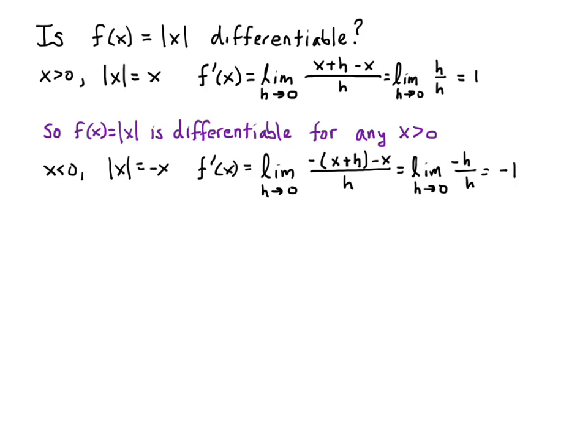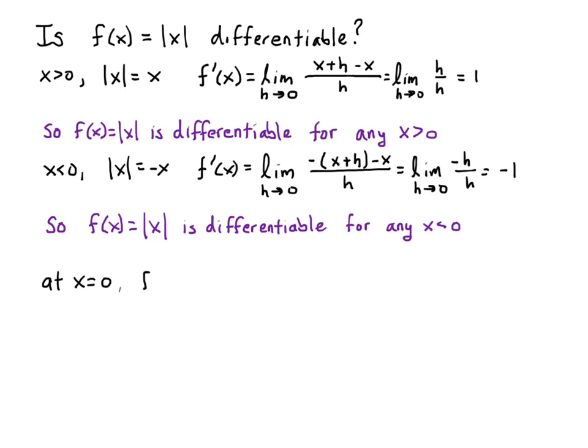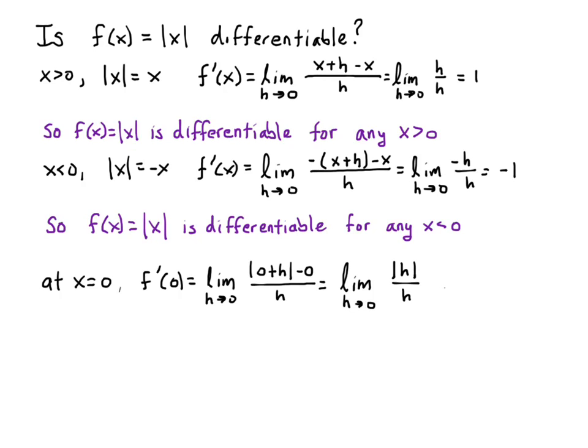So what is it now when x equals 0? At x equals 0, if we put this in our limit definition, we have the absolute value of 0 plus h, minus 0, over h. That's just putting it in by the limit definition of the derivative.